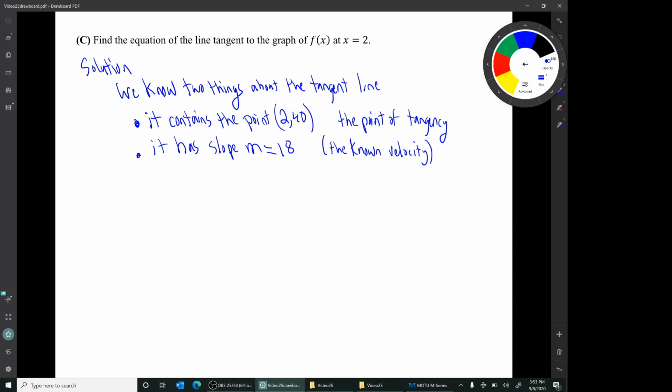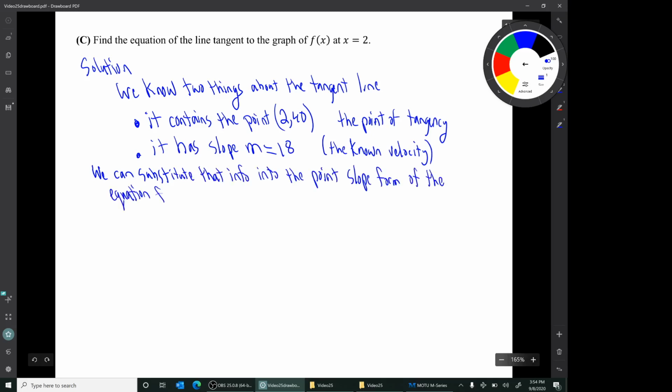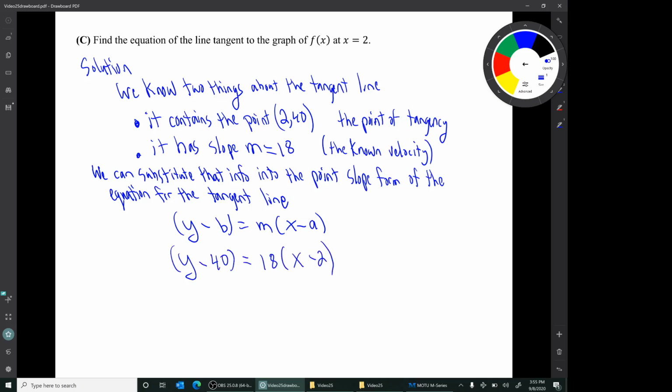So we can substitute those things into the point slope form of the equation of the tangent line. Now that we've substituted in, we should convert this to the more common slope-intercept form. We do that by solving for y.